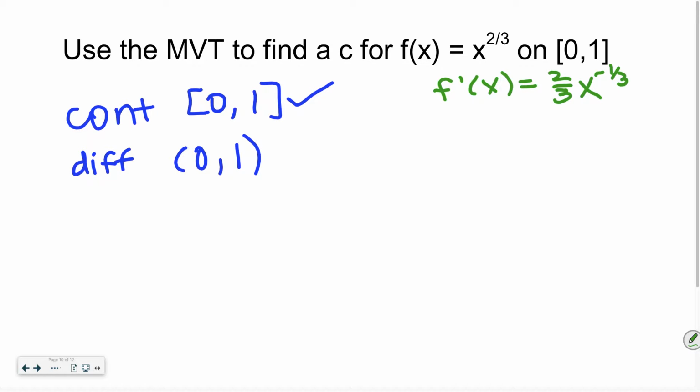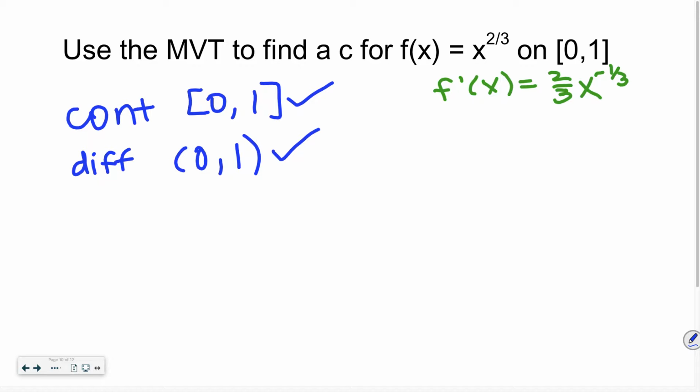Where would it not be differentiable? 0. So are we differentiable on the open interval 0 to 1? Yes, we are, because 0 is not included. It's the endpoint. It doesn't have to be differentiable at the endpoint, just in between the endpoints. Okay? So we actually can apply the mean value theorem to this function.